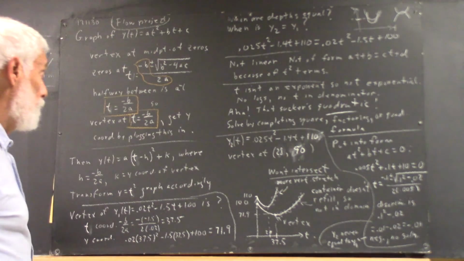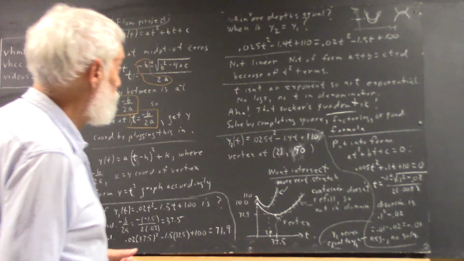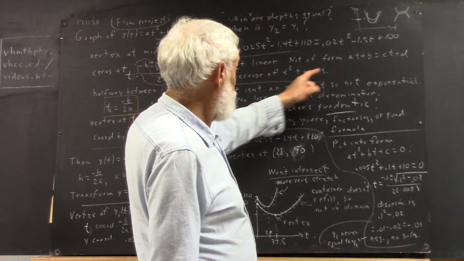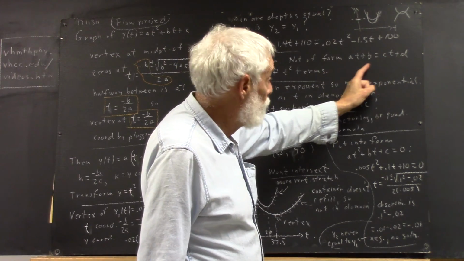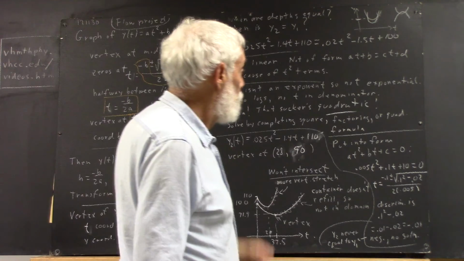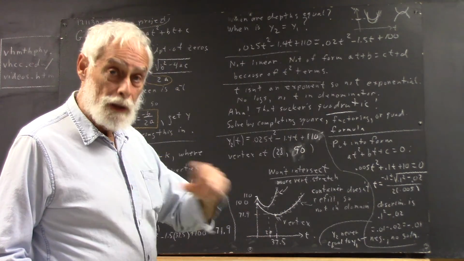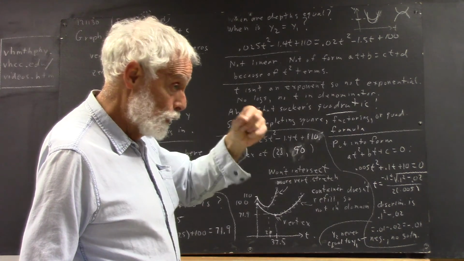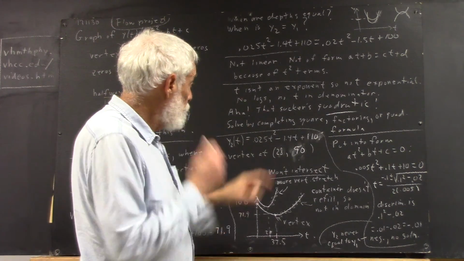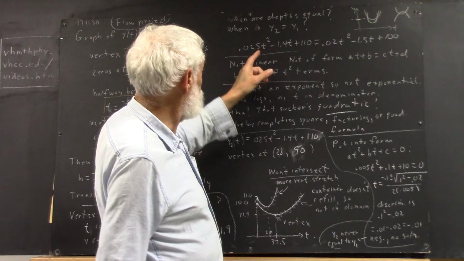So, how do we solve this equation? It's not linear, not in the form at plus b equals ct plus d. These are linear expressions, polynomials with only the first power of t, polynomials of degree 1. It's not in that form because of the t squared terms.